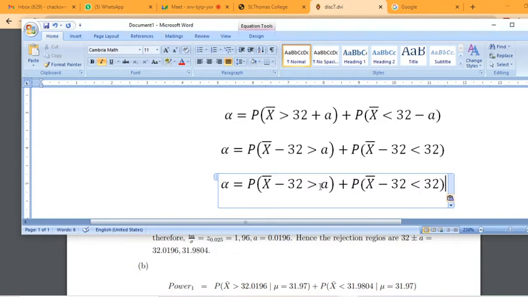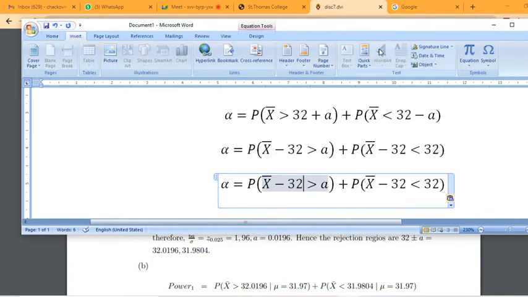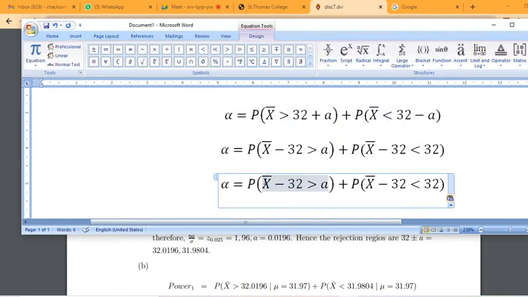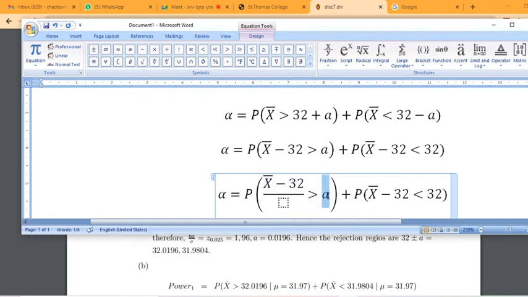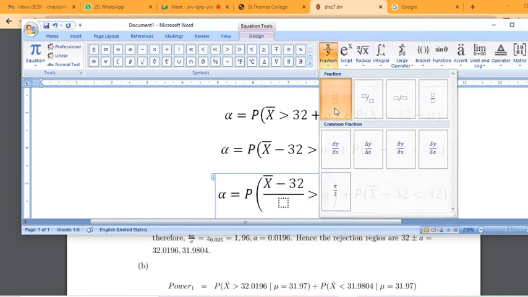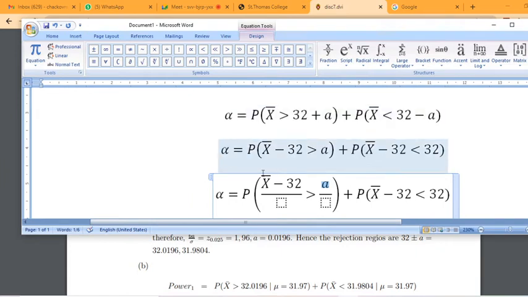So we can divide both sides by the standard deviation. What is the standard deviation actually?